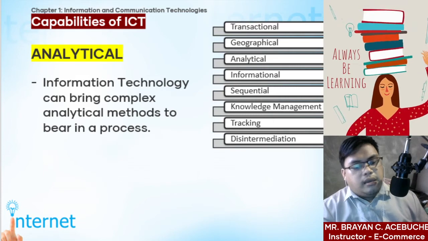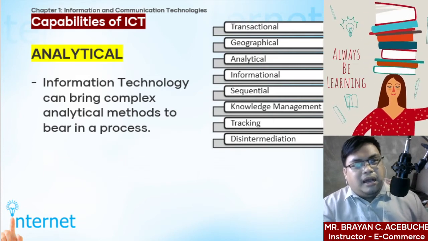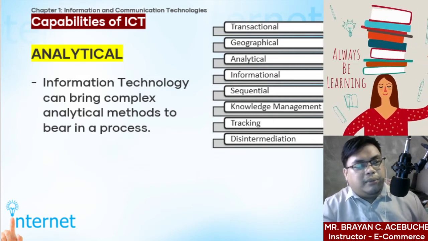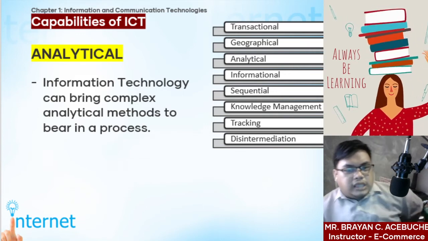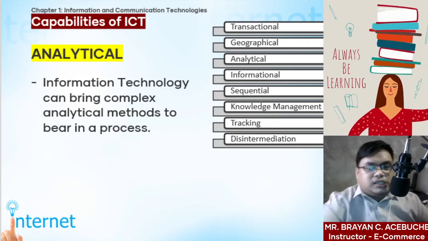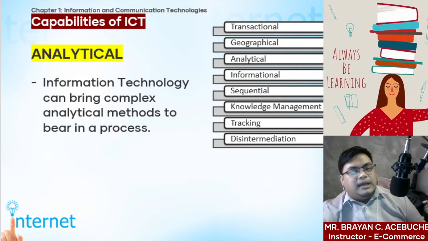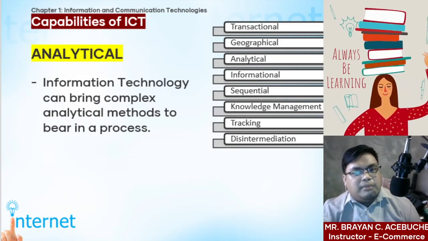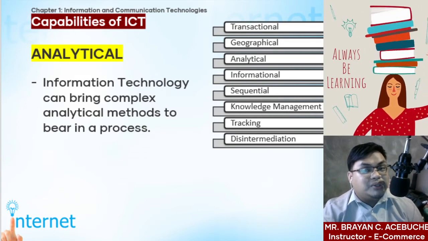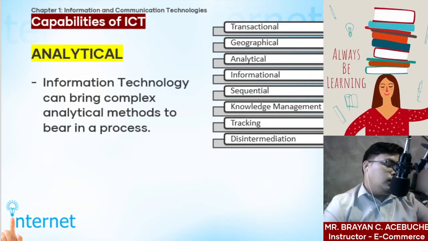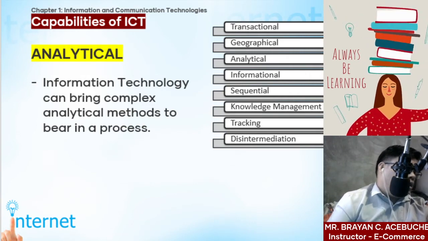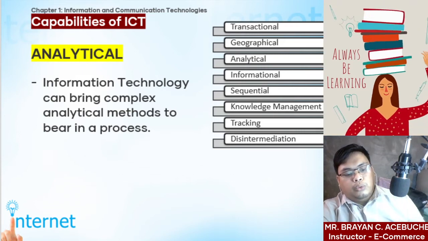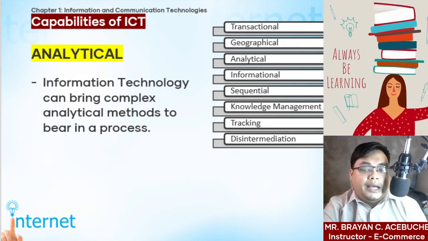Even si ICT, pwede na rin siyang somehow yung tinatawag nilang not the expert but the specialist na nagbibigay ng mga advice, capable na makita yung mga what if scenarios, 'di ba? So computer is also able to perform such activities.